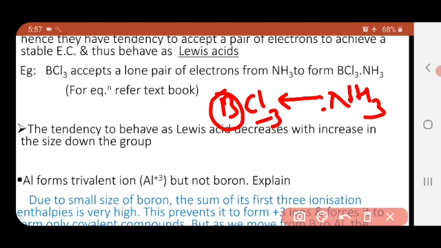So total number of electrons around boron is 6, and 2 electrons are accepted from nitrogen. So this is how boron completes its octet, that is 8 electrons. Means it achieves stability, and hence BCl3 acts as a Lewis acid.